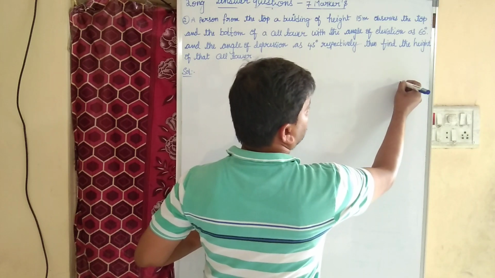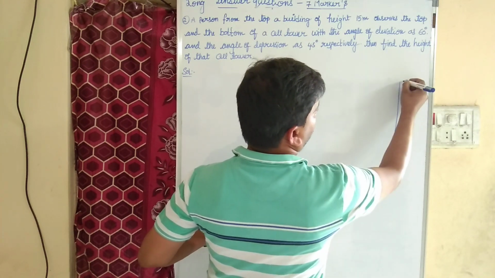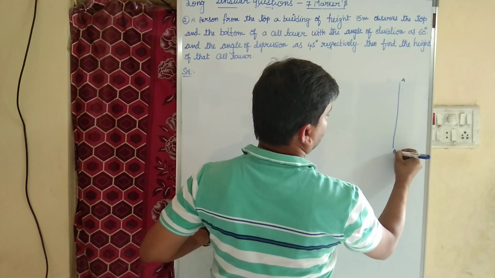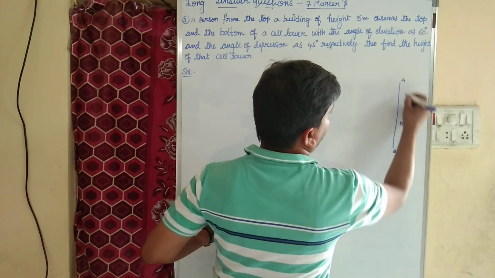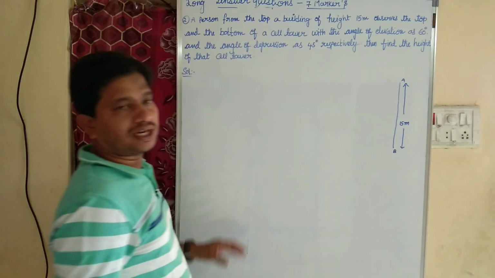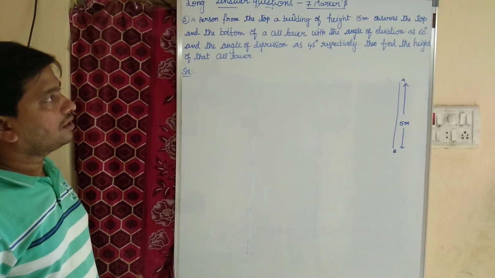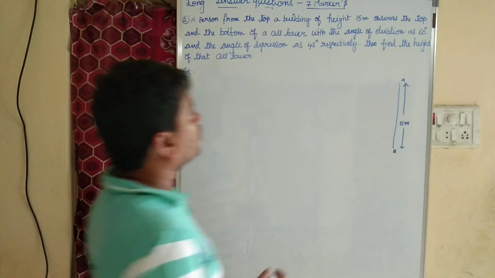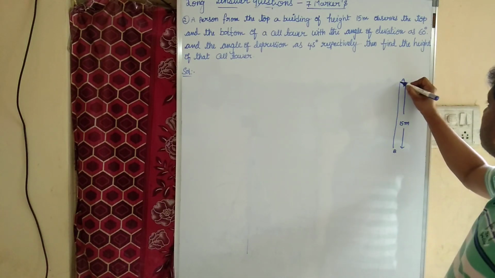A person from the top of a building of height 15 meters. Okay, for example, this is our building, which is 15 meters. Let the height of the building be AB. A person from the top of a building. Here is the person.